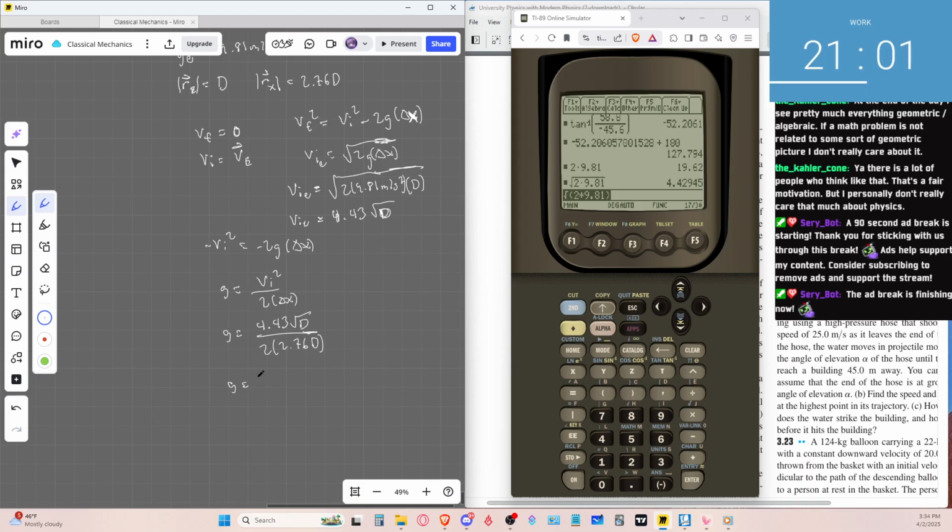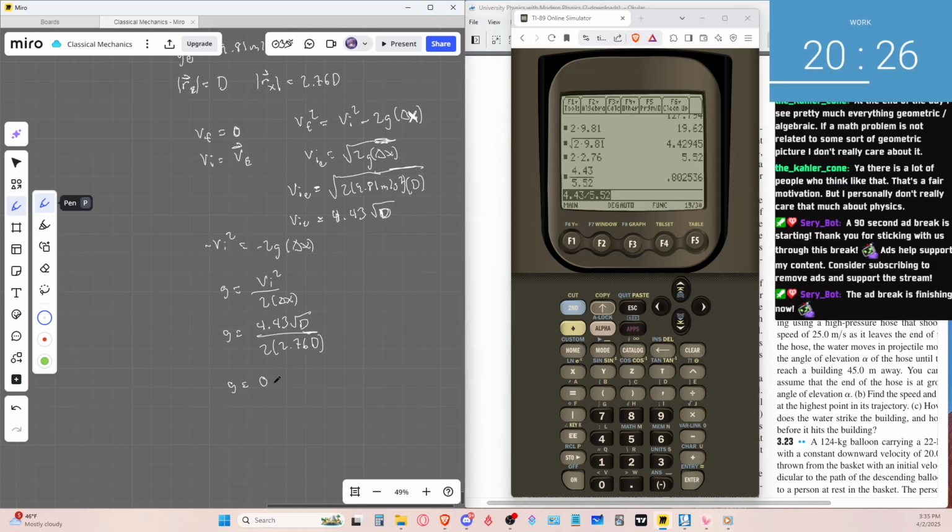So then g, I think we can just calculate the numbers and divide those. So 2 times 2.6, and then 4.43 over 5.52.